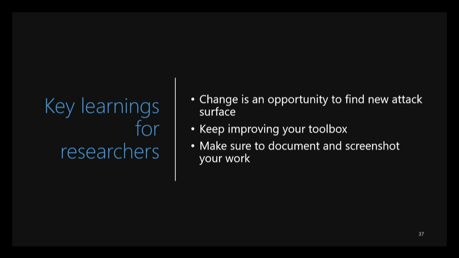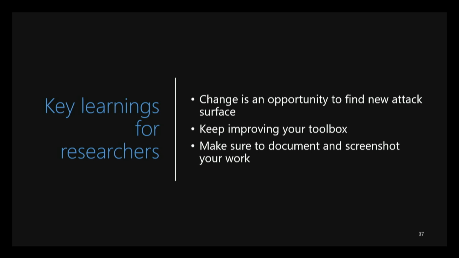And the second one, obviously, is make sure to document and screenshot your work. Because I forgot to do that at the time of discovery, I had to use the updated, fixed version of the JWT.